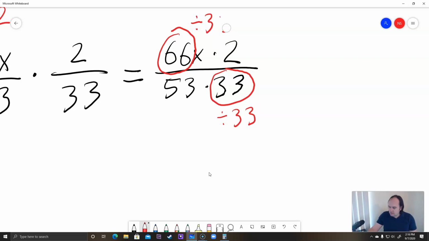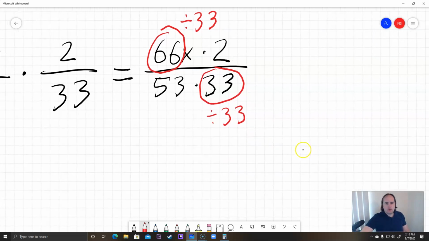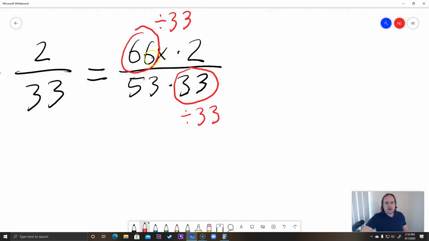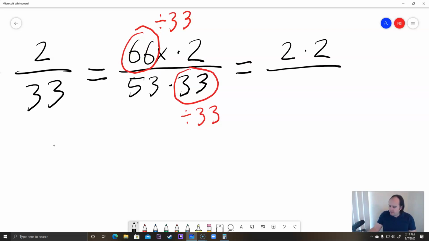Okay? Because that's the greatest common factor for 66 and 33. Alright, so after we divide on the top, we know that 66 divided by 33 is actually just 2. So on the top we're going to have 2 times 2. And then on the bottom, we're going to have 53 times, well, 33 divided by 33 is just 1.